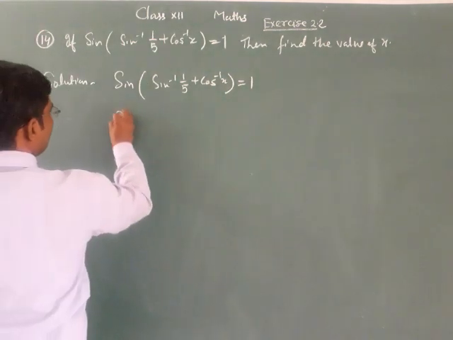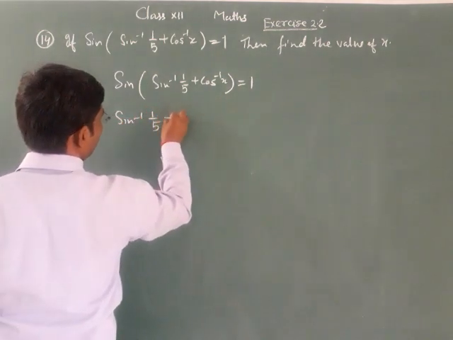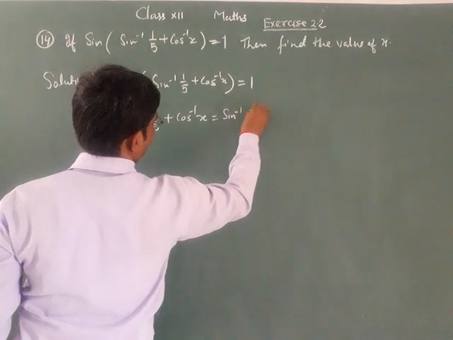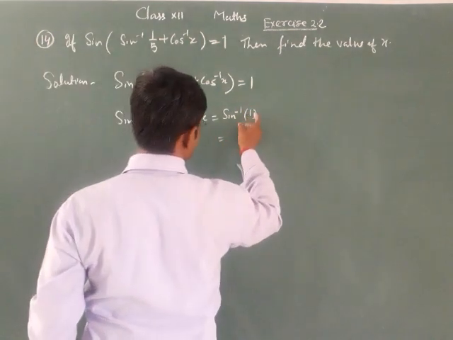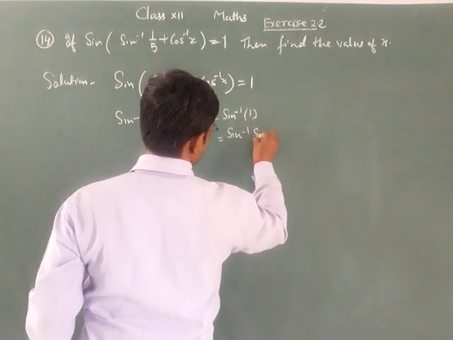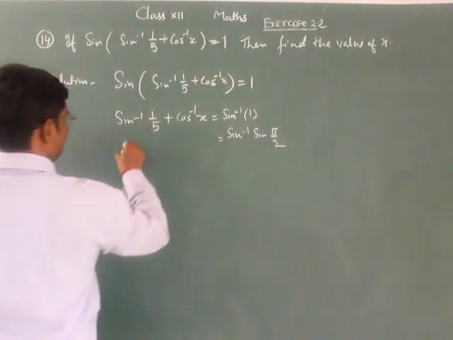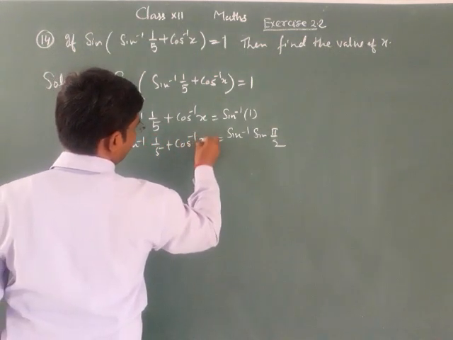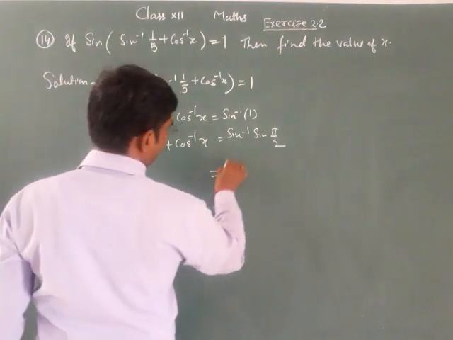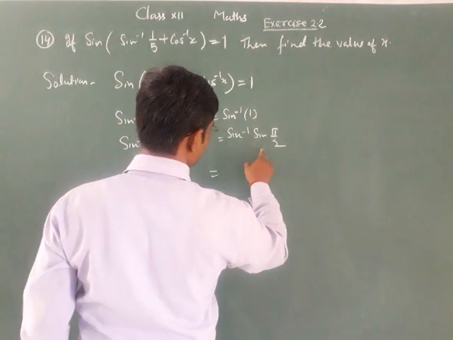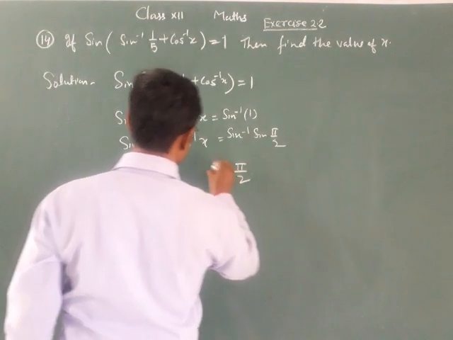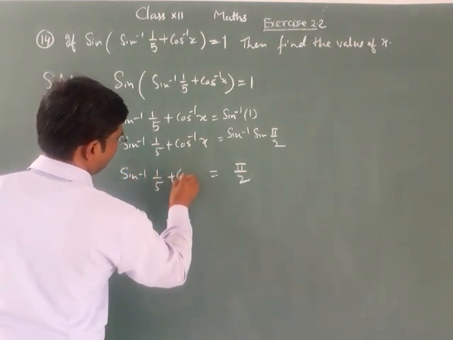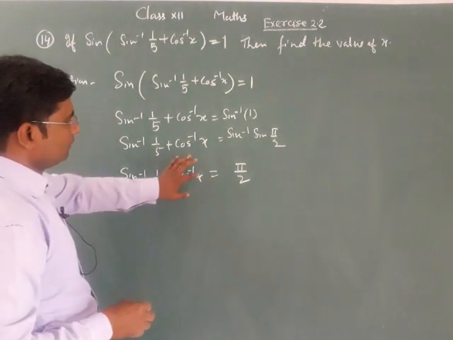You can also write it as sin⁻¹(1), and the value of 1 in sin⁻¹ is sin(π/2). In the same way, the sin⁻¹ sin cancels out, so now π/2 = sin⁻¹(1/5) + cos⁻¹x. Find the value of x.